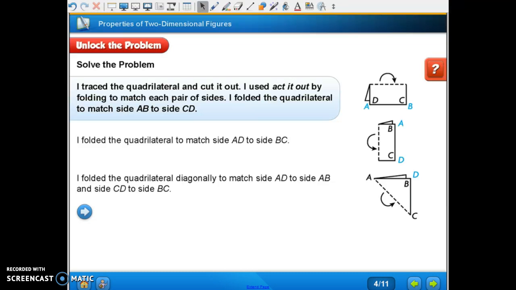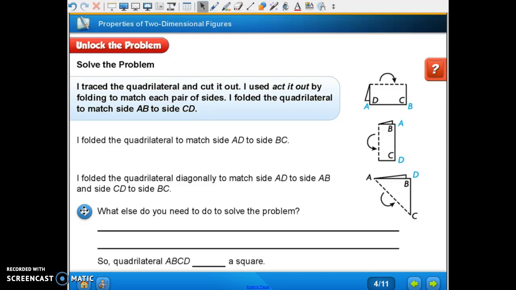Are AD and BC the same? Yes. Then I fold the quadrilateral to match diagonally CD to BC. Are each of these the same? Yes.